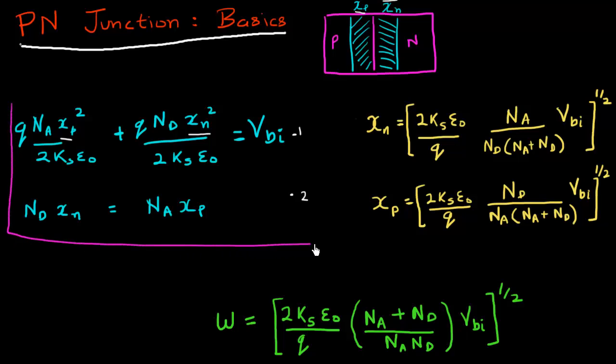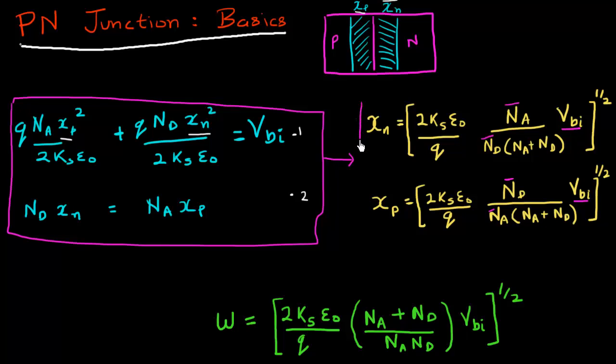I can solve these two equations and express the depletion widths on the N and P side regions in terms of known quantities, such as the doping concentration of acceptors on the P side, the doping concentration of donors on the N side, and this other term, which is the built-in voltage, which I'll talk more about in this video.